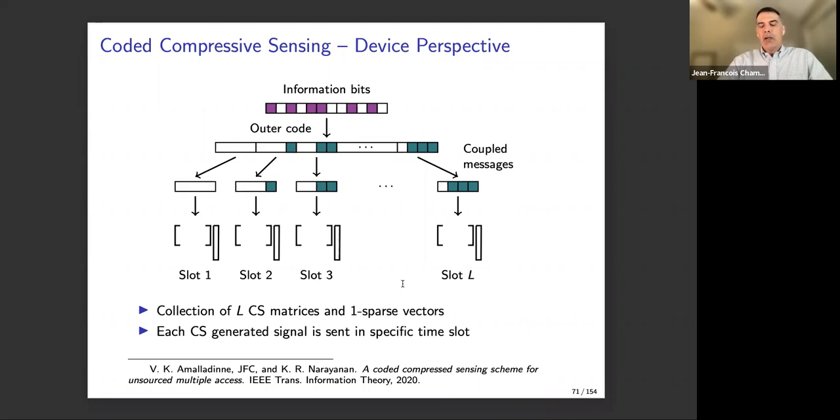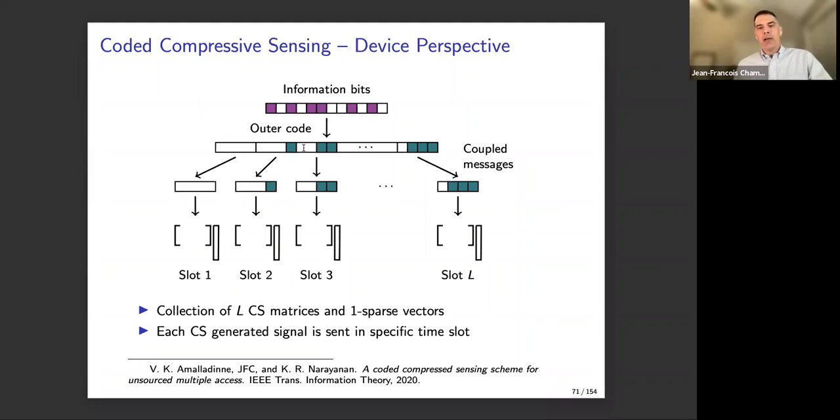Then when I run my compressed sensing solver, per slot, I'm going to get K fragments, but this does not tell me which fragment in slot 1 goes with which fragment in slot 2, as I mentioned earlier. So we need some sort of outer code to be able to stitch things together.